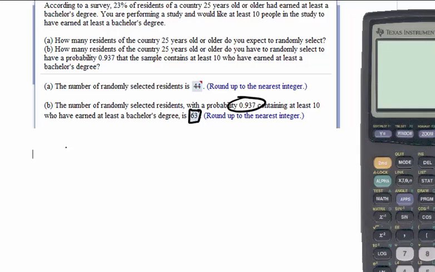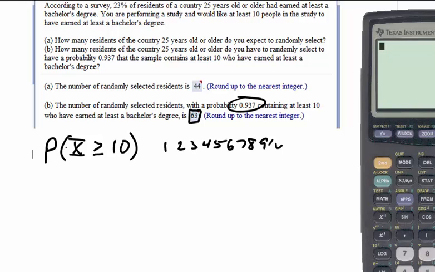So how do we figure this out? So the probability, I start writing stuff down. What are we trying to find? We want the probability of at least 10. So at least 10 means that x is greater than or equal to 10, right? So if I'm going to write these down, if I've got the numbers 1, 2, 3, 4, 5, 6, 7, 8, 9, 10, 11, 12, 13.